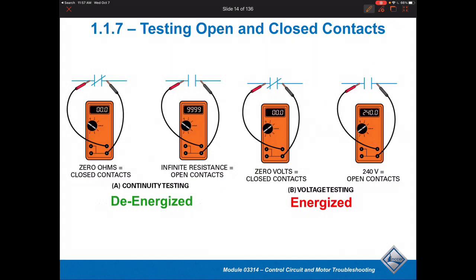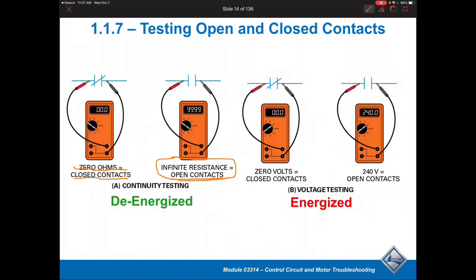This one clearly identifies that on a system, 0 ohms would identify a normally closed or a closed set of contacts. And if I have an infinite amount of resistance, an extremely high level of resistance, that would identify an open set of contacts.